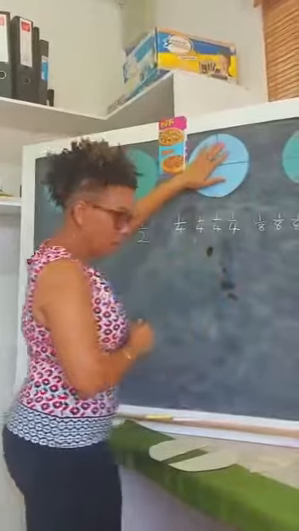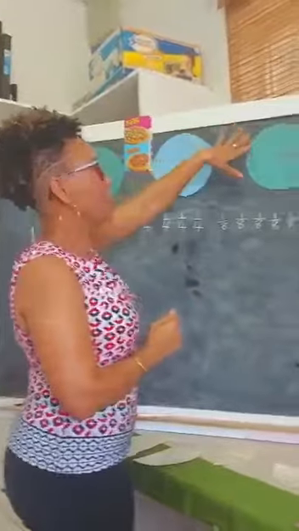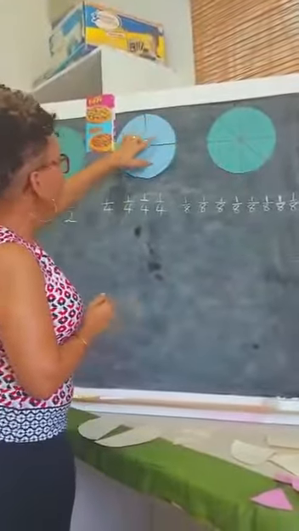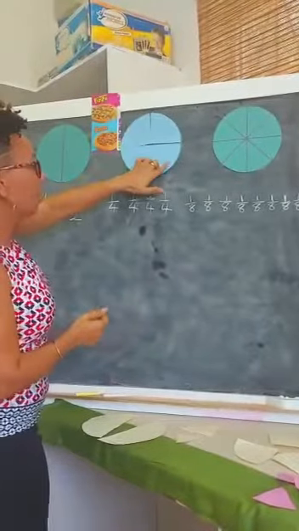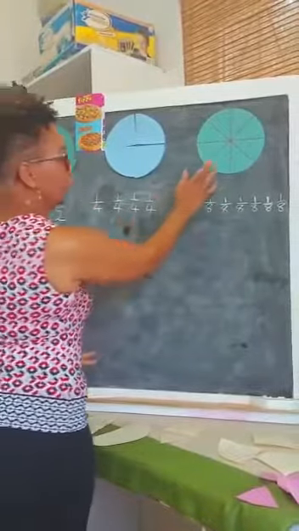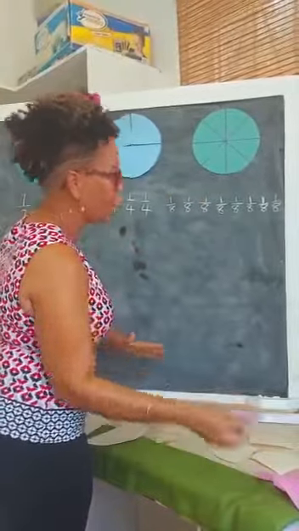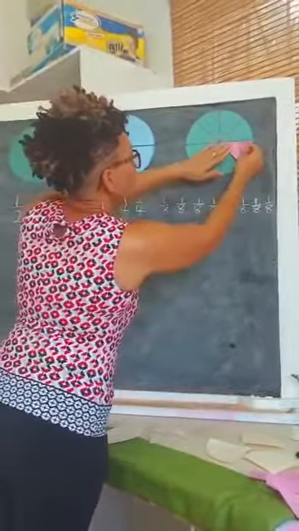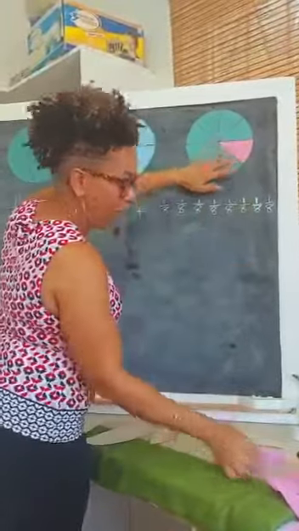And then we want to cut our pizza into even smaller pieces. So we're going to cut along here and along here. So now we have 8 pieces. Each piece here represents 1 part out of 8 parts.